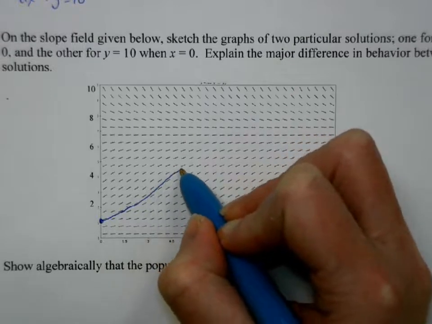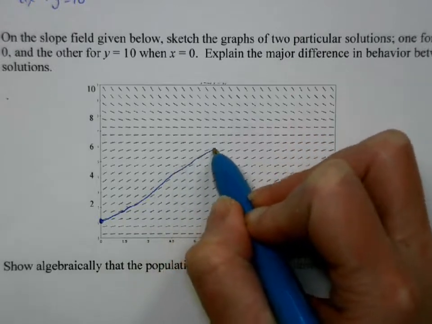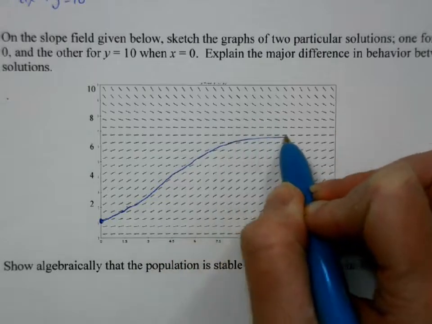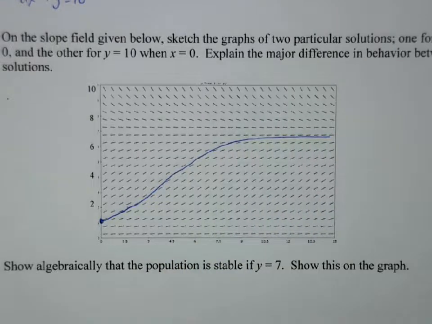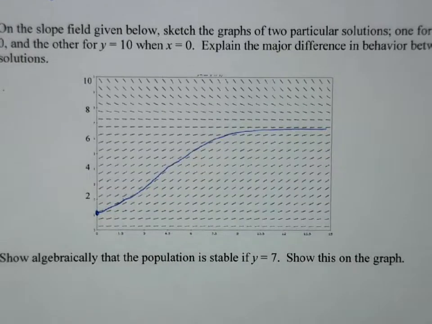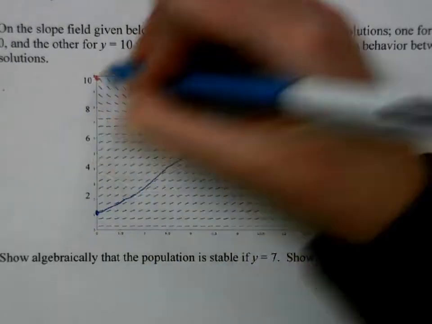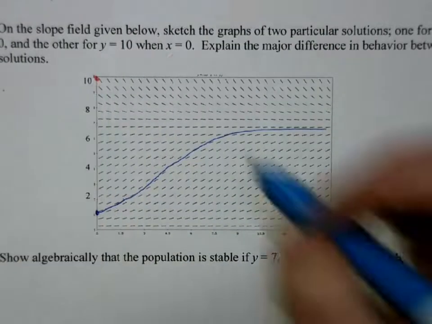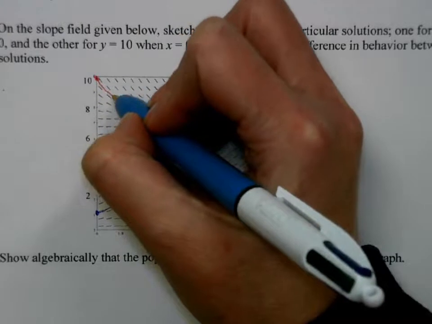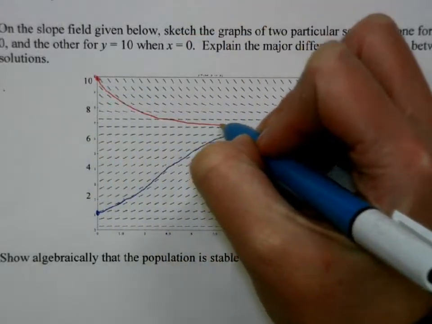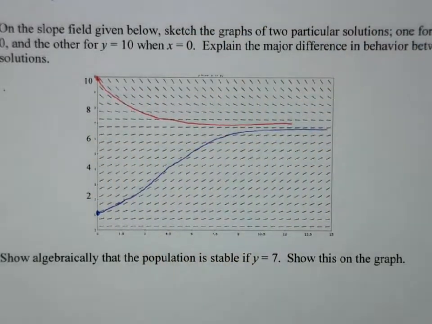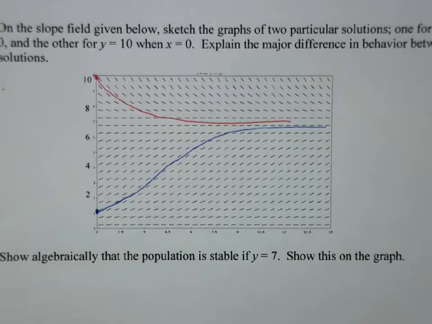And then it levels off here. If we do this at 10, we're up here. We've already established it's going to be decreasing there, so we're just following it. The main difference: this one's always decreasing, this one's always increasing, and they're both going to a leveling off spot.